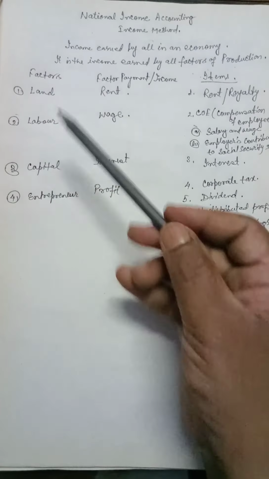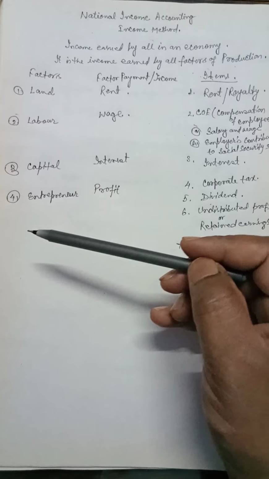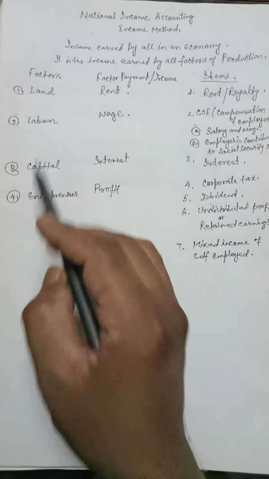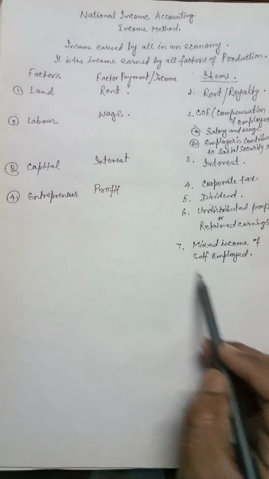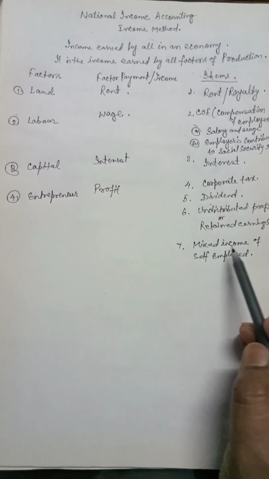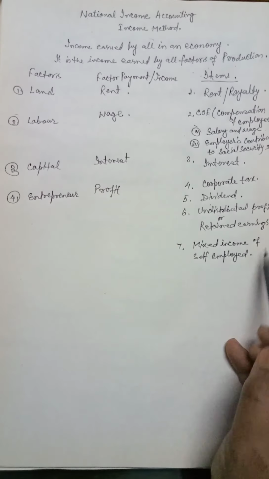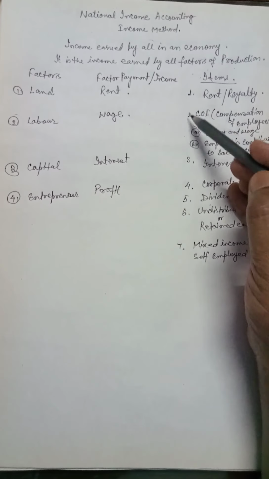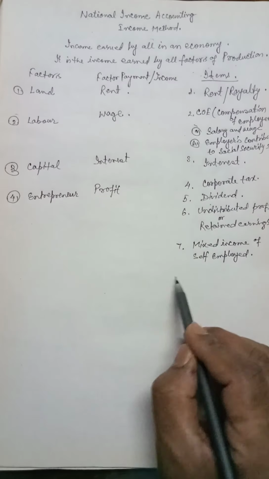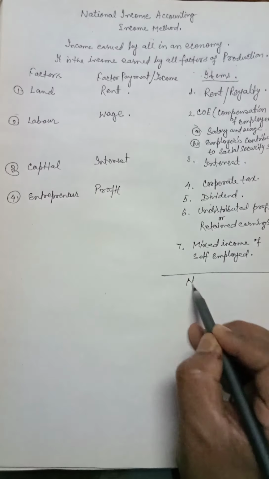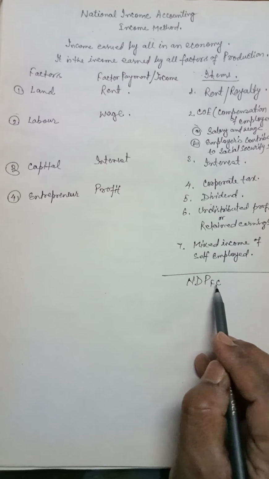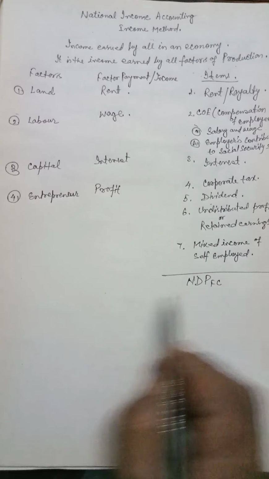Maybe they are acting as all the factors of production. They have multiple sources, that's why they can't fall in any one category. They are not working under any person. They are self-employed. That's why we call it mixed income of self-employed. So when we add all these 7 items, we will get NDPFC, net domestic product at factor cost.